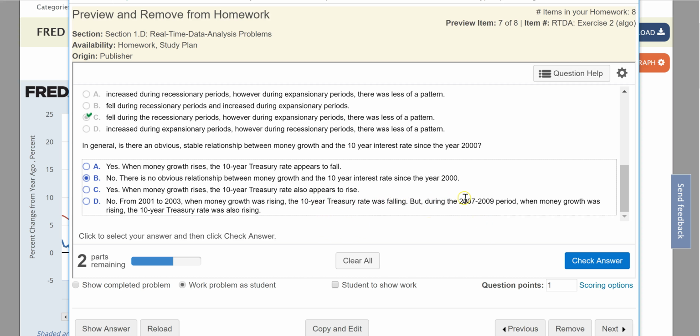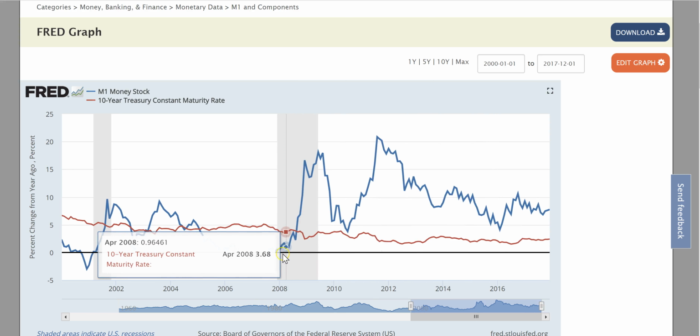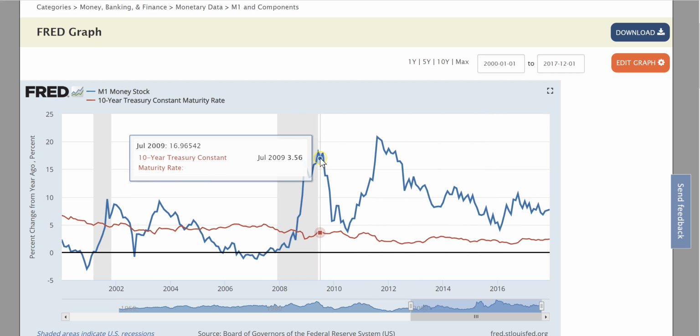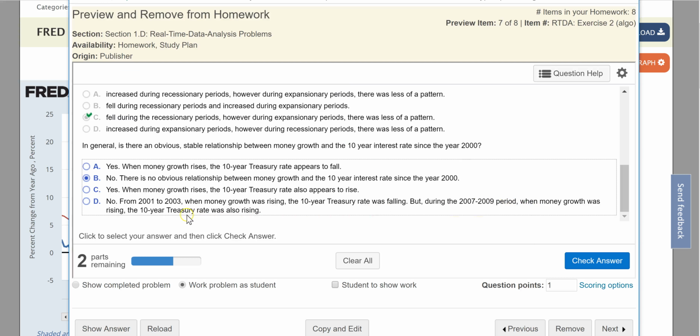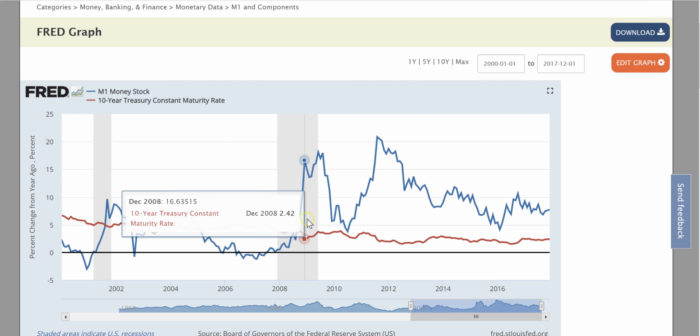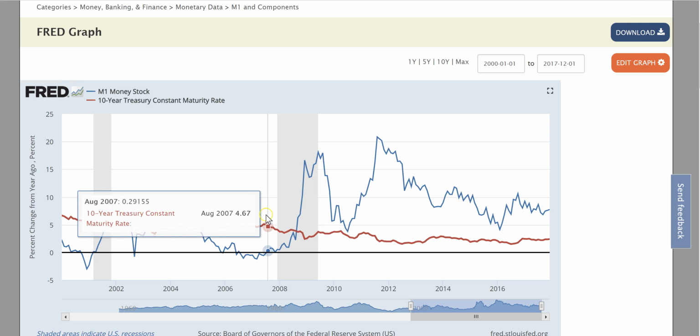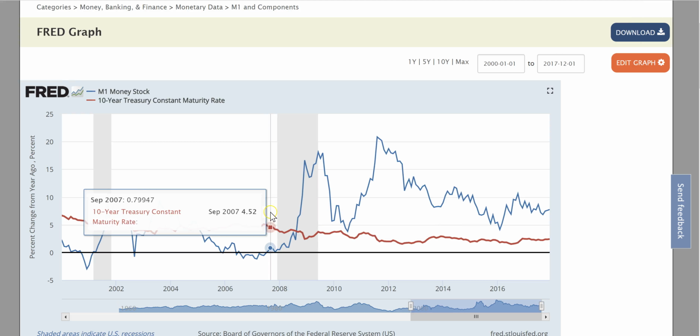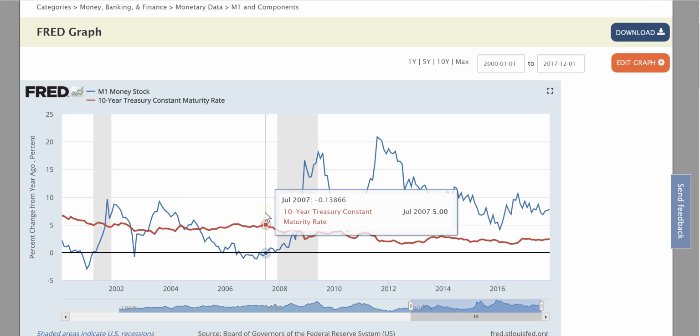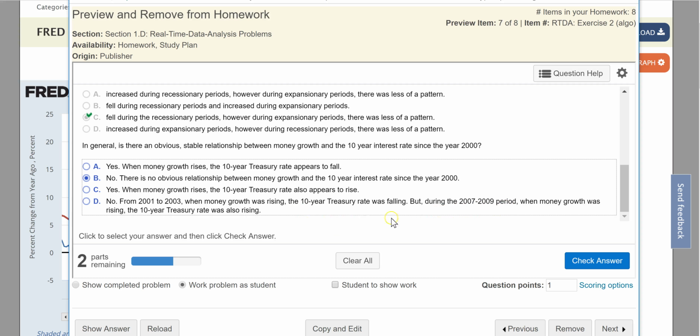But during the 2007 to 2009 period, during the most recent financial crisis, when money growth was rising, the 10-year treasury rate was also rising. That I believe is incorrect, as we just saw. So D is incorrect.